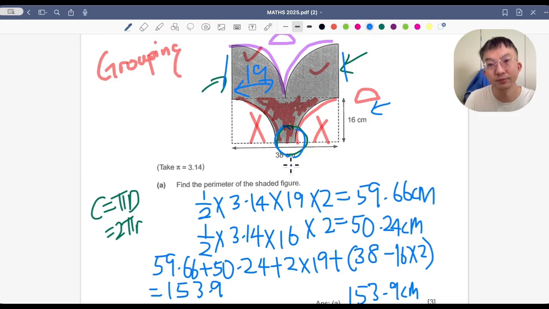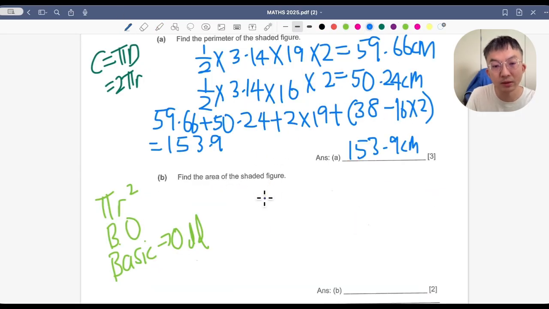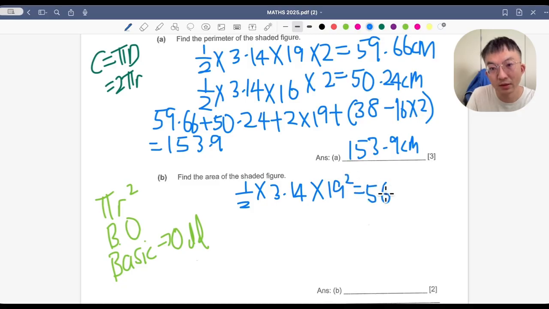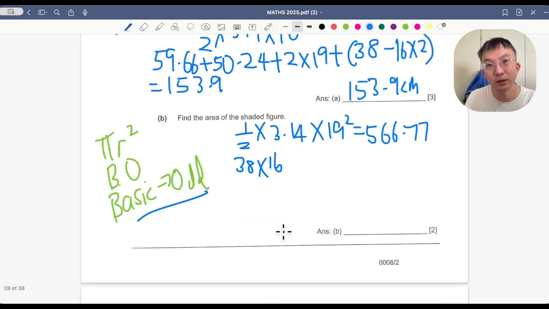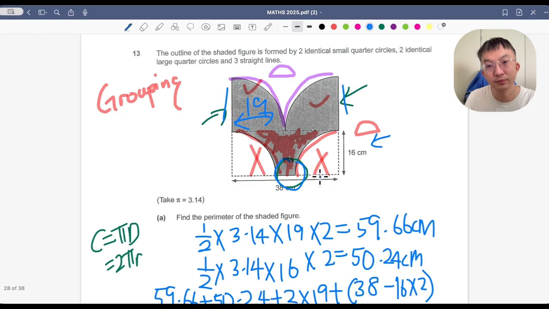So, moving on. To find the two semicircles, just take half times pi r square, and you get 19 square, which is 566.77. And again, for BO, basic shapes to find odd shapes, this is a full rectangle.